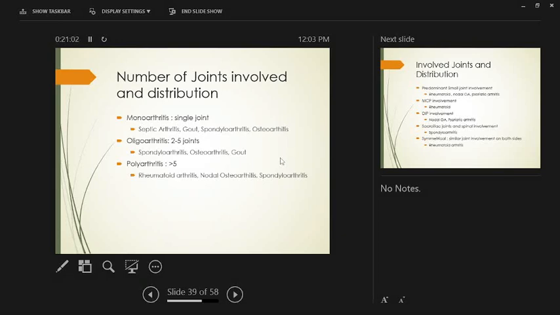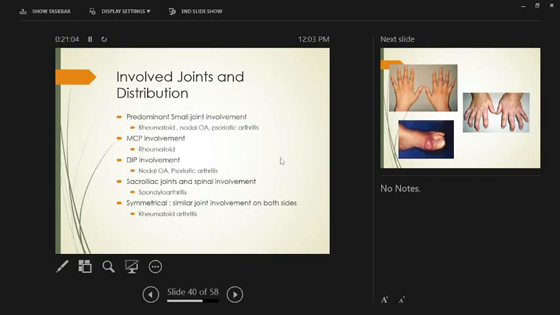So if we see polyarthritis, you have to think of rheumatoid arthritis, nodal osteoarthritis, spondyloarthritis, and also psoriatic arthritis. If there is predominant small joint involvement, we have to think of rheumatoid, nodal osteoarthritis, and psoriatic arthritis. If there is metacarpophalangeal joint involvement, it's more likely to be rheumatoid arthritis.